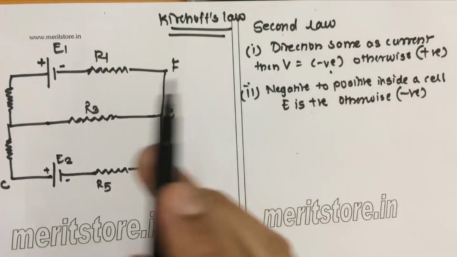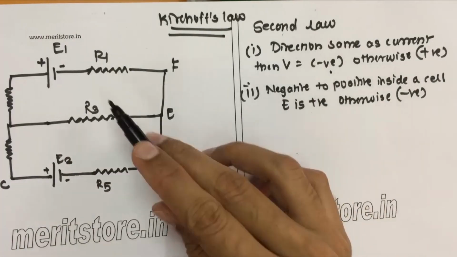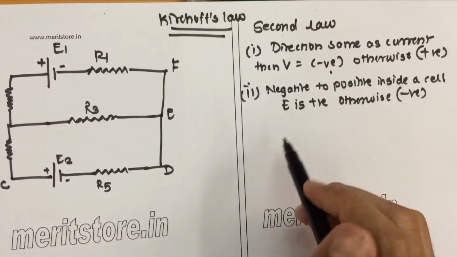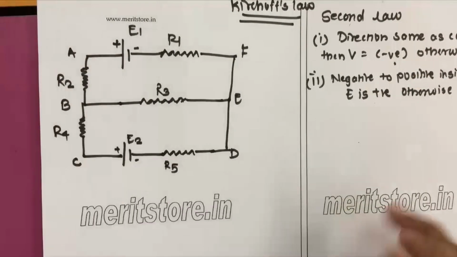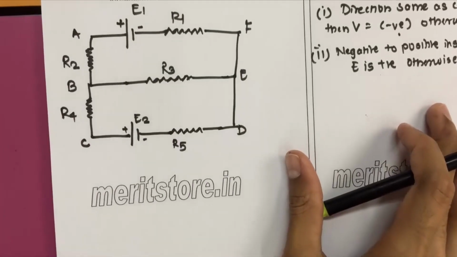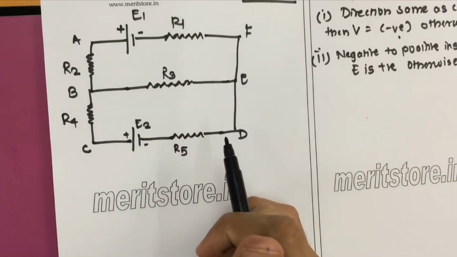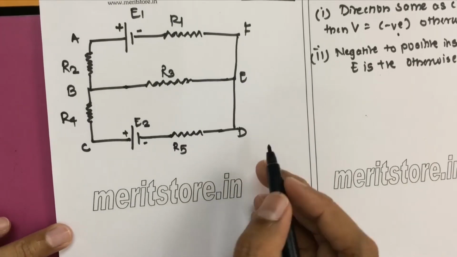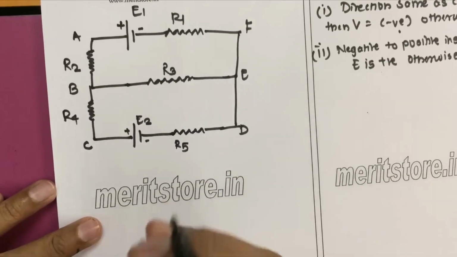We will use these two laws in this particular circuit and make the equations for the particular loops, to understand this better. Now we'll take 3 loops here.